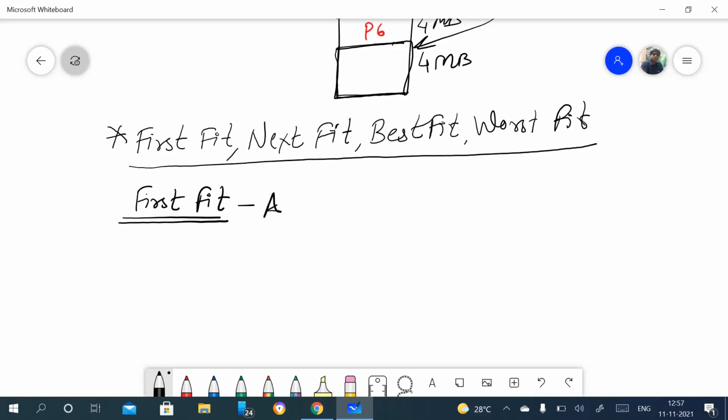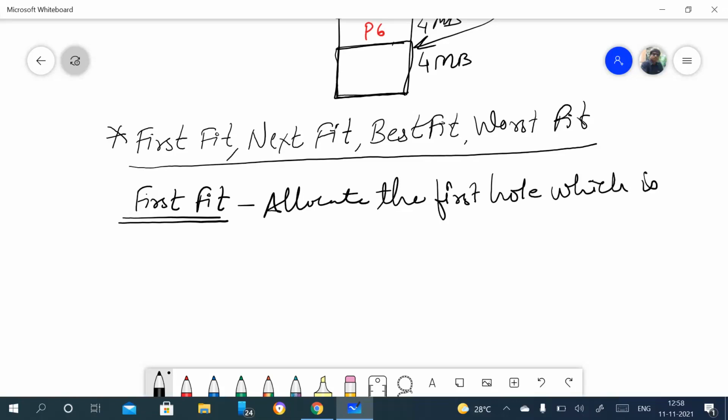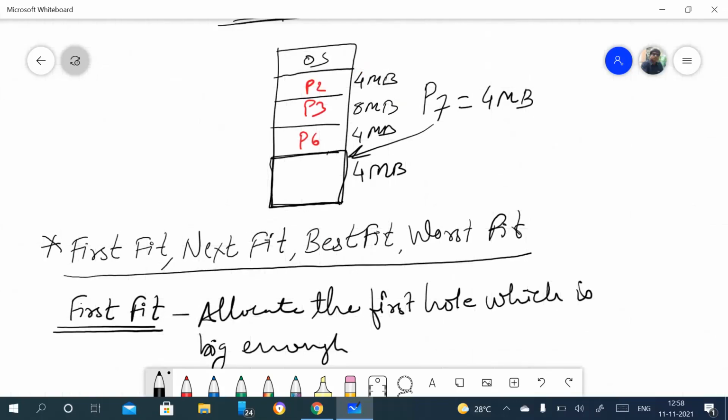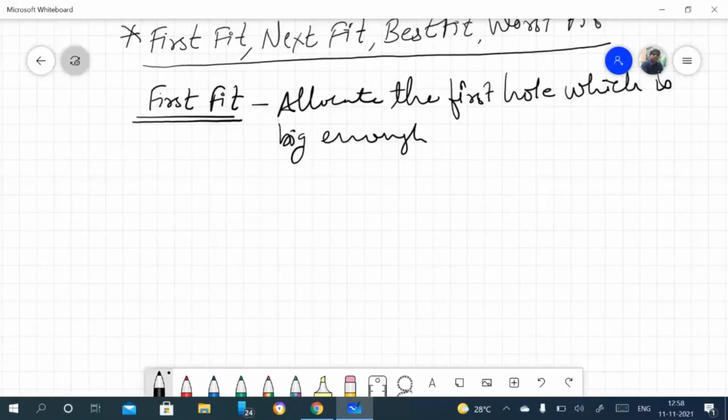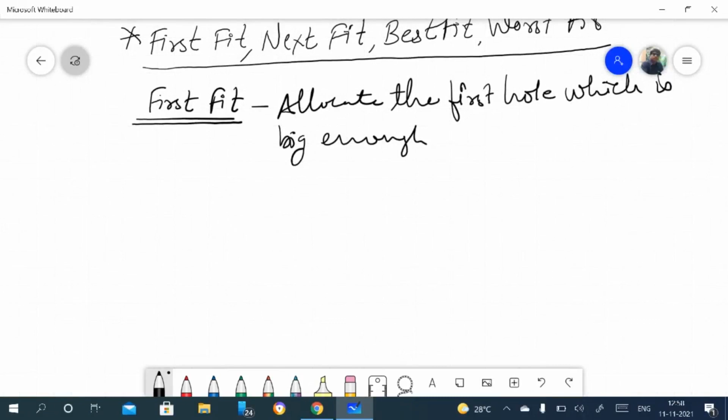So we can say: allocate the first hole which is big enough. First I'll tell you the definitions of all these, and then I'll take one example so that you will understand it.